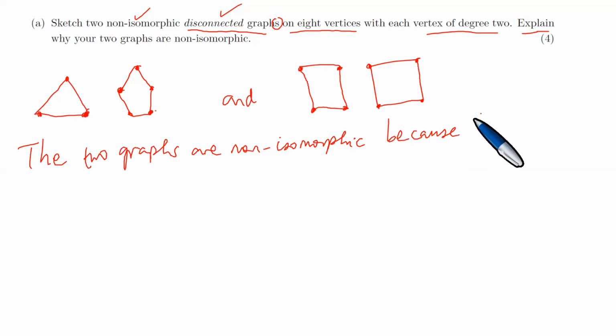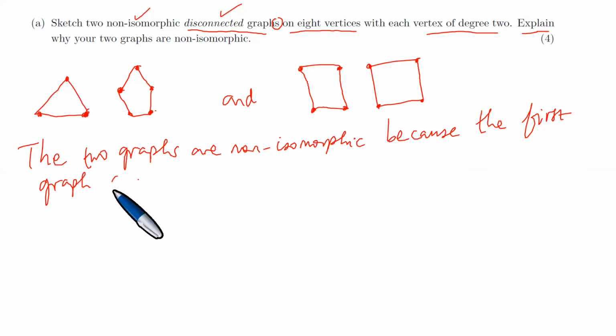The two graphs are non-isomorphic because the first graph consists of a three-circuit.